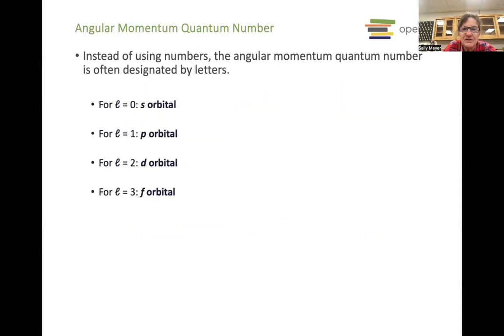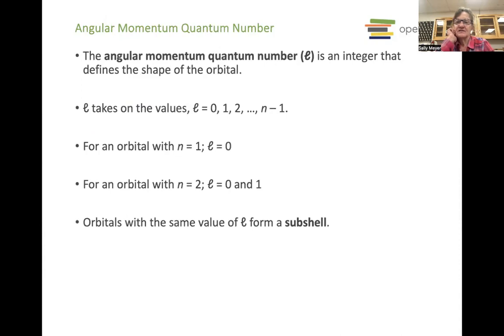In class, I'll show you models of the orbital shapes. L takes on the value 0, 1, 2, all the way up to n minus 1. So the L value depends on the n value you're in. For an orbital with n equals 1, that means L can only be 0. If n equals 2, it could be 0 or 1. Orbitals with the same value of L form a subshell.